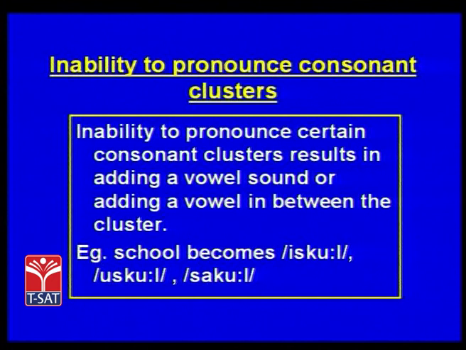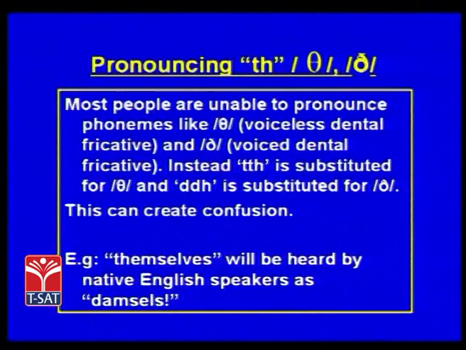School, for instance, becomes iskul or uskul or sakul, and so on. And again, we talked about it earlier, we double it up and this can create confusion. Damsels, for instance, can be heard by native English speakers as damsels, which means beautiful girls.